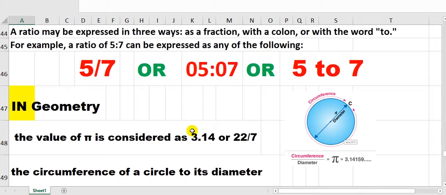In geometry, we use many times the relation between the circumference of the circle and the diameter. We know that the value of pi is considered as 3.14 or 22/7.